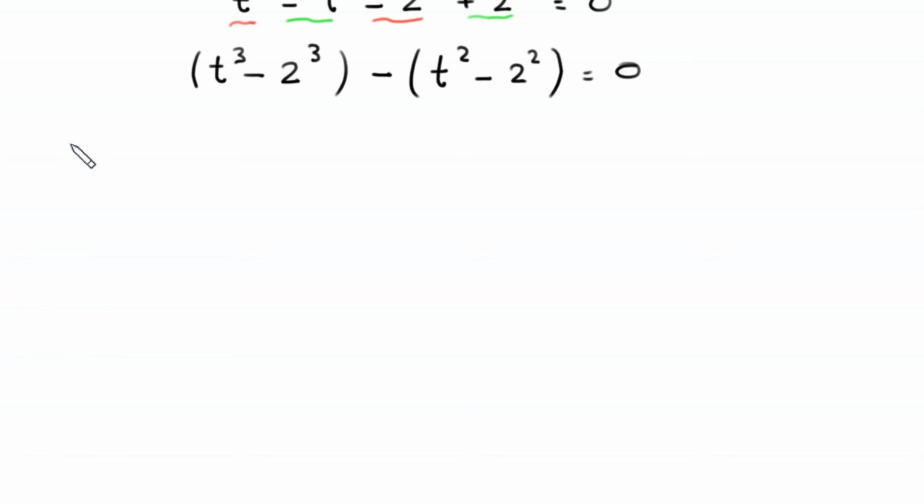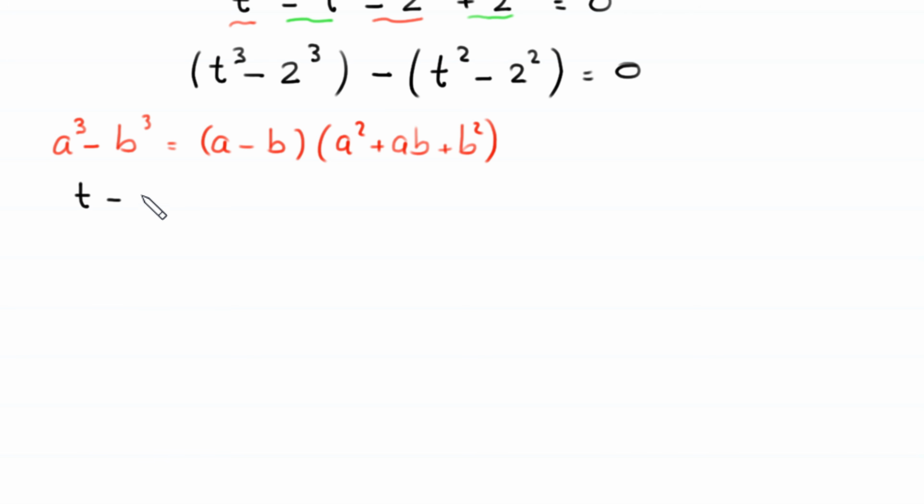By using this algebraic identity, a cubed minus b cubed equal to (a minus b) times (a squared plus a times b plus b squared), this t cubed minus 2 cubed will become (t minus 2) times (t squared plus 2 times t plus 2 squared, which is 4).